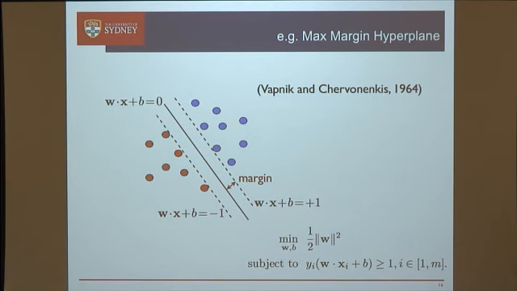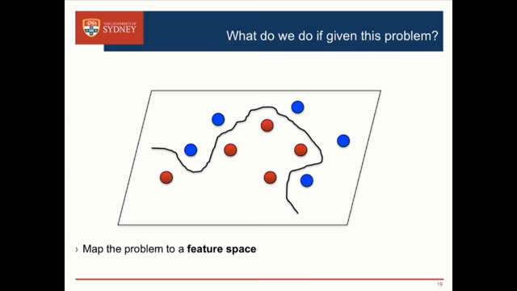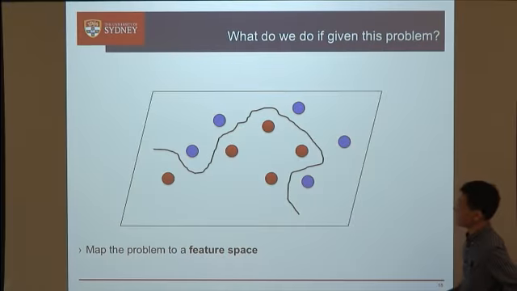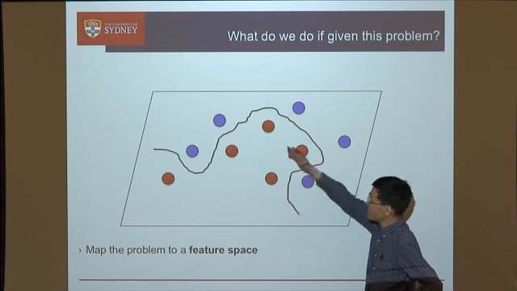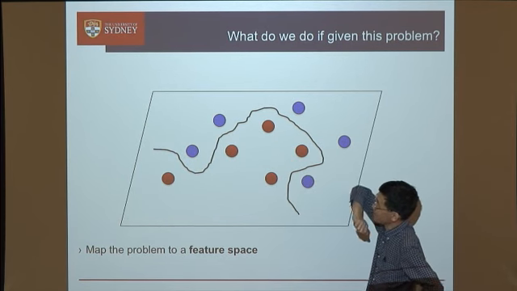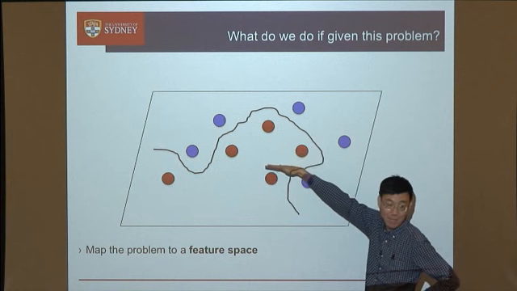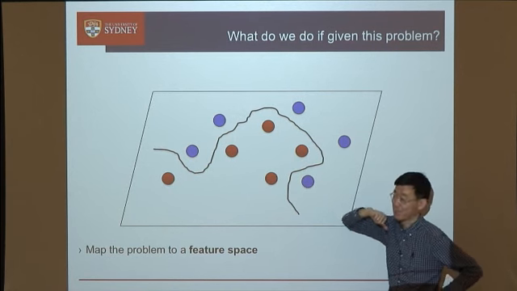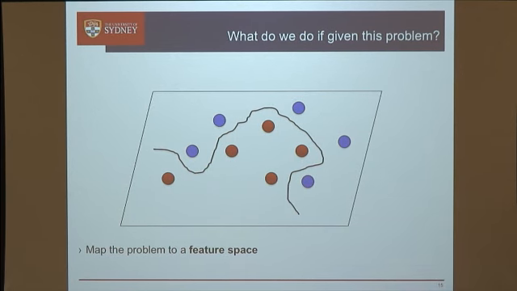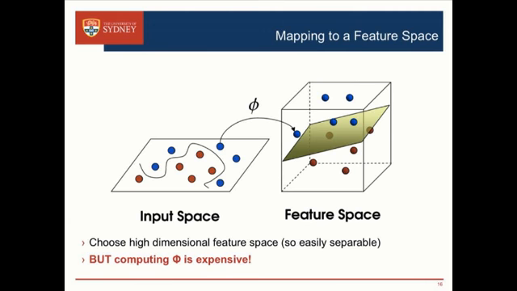Now, I said that one problem with linear methods is that if I'm given this problem, I cannot find a line which can separate the blue and the red dots. So the way that this is dealt with is that we can map it to a high-dimensional feature space.